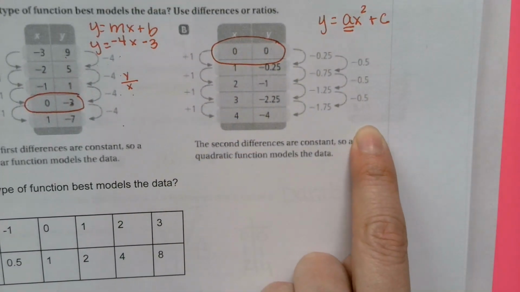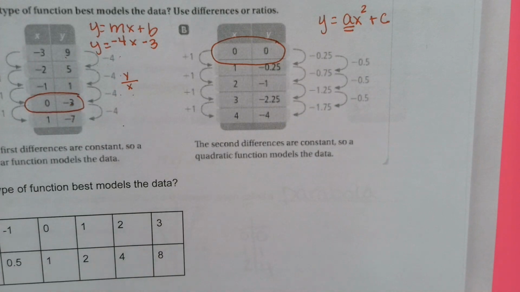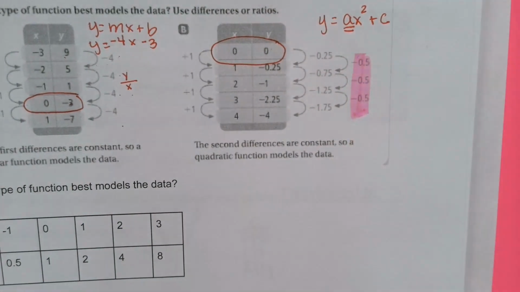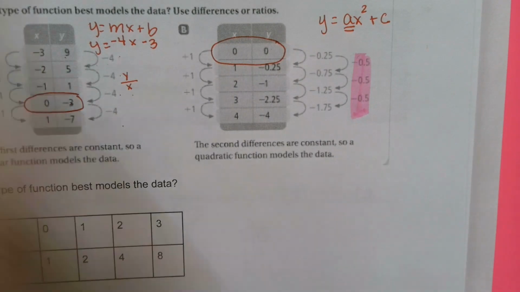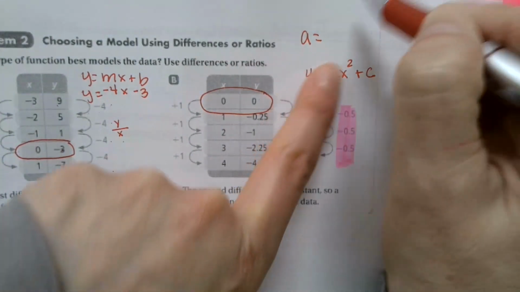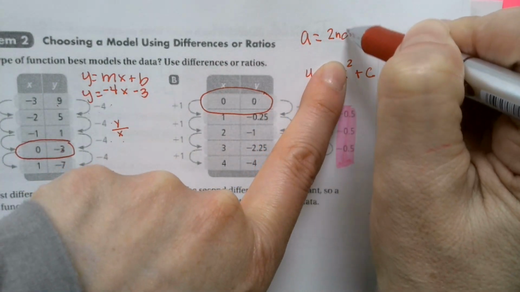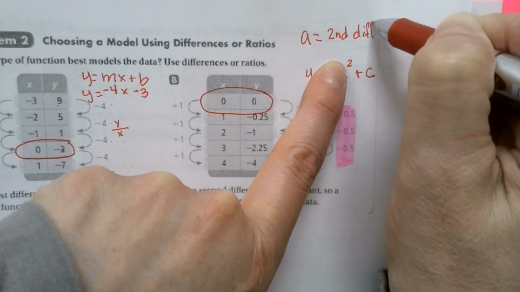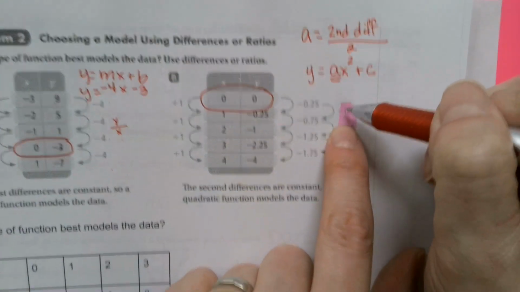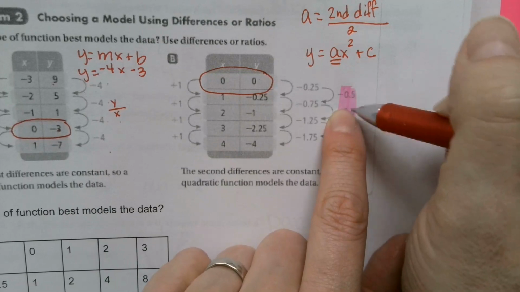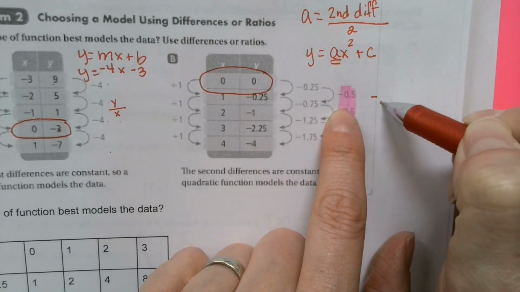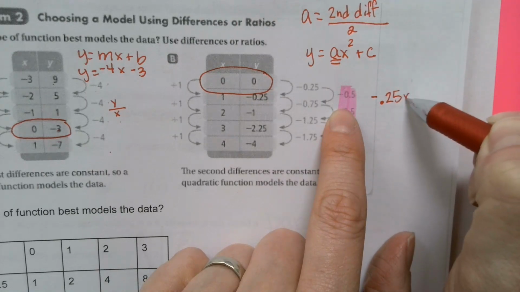To find this, though, right here, you take your second difference and divide it by 2. So the value of a equals the second difference divided by 2. So if I took -0.5 and divided it by 2, that would be -0.25 x squared.